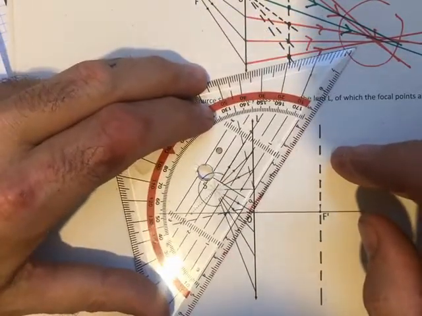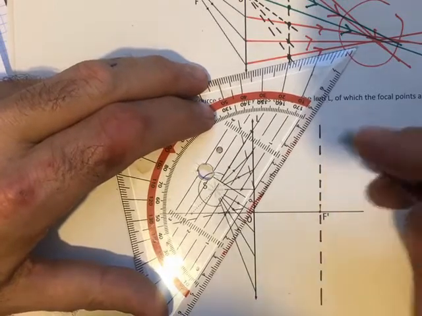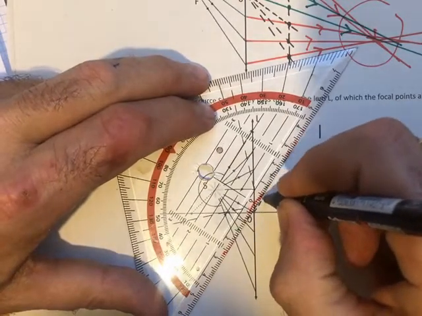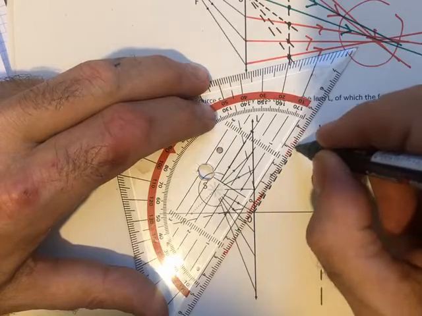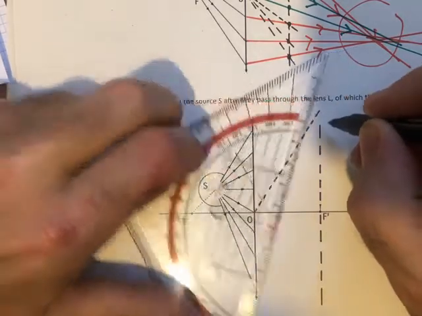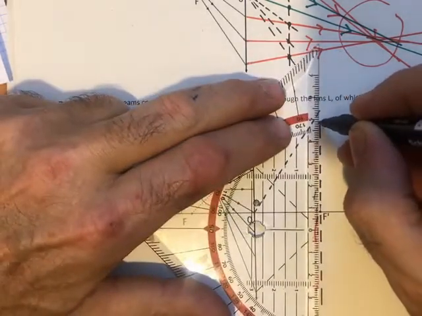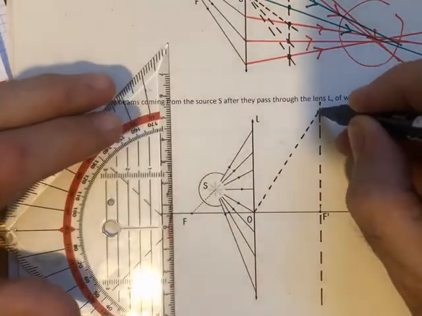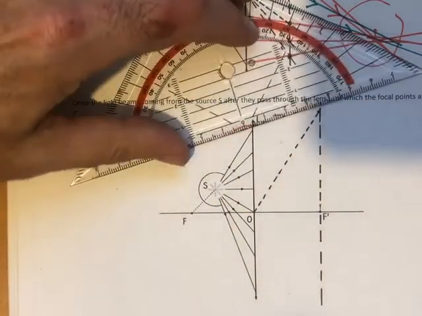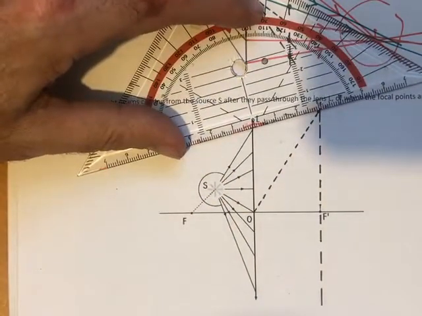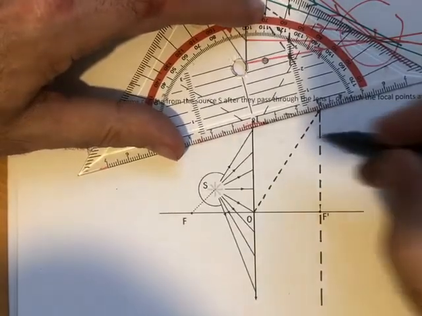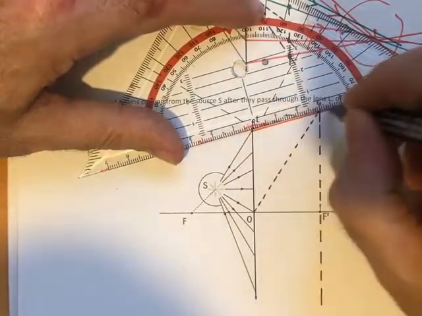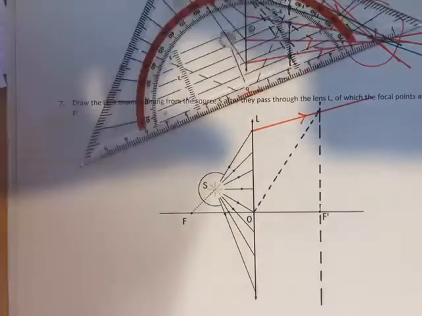So here we draw a parallel for the first beam. It's going to get up here. Okay, the point is here. And so this light ray is going to go this way.